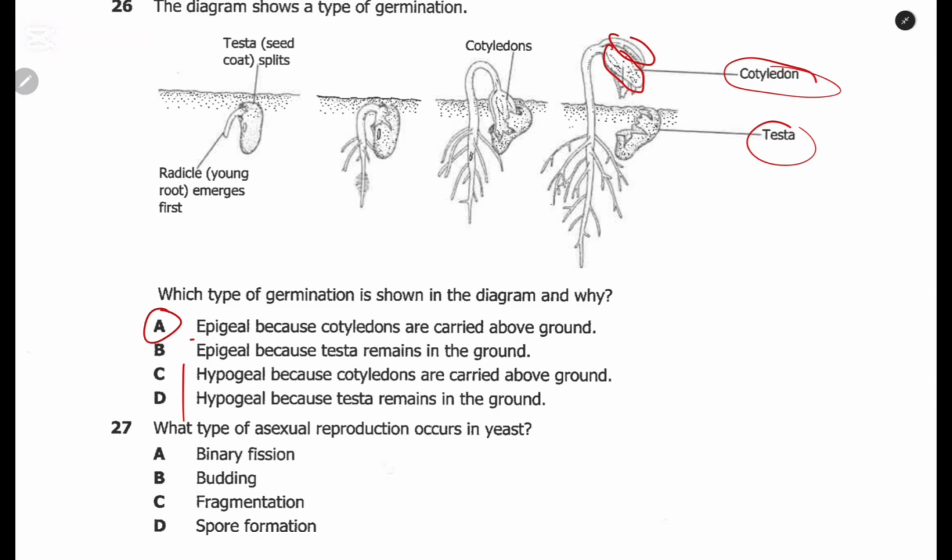Therefore, the answer is A. In hypogeal germination, on the other hand, the cotyledon remains underground, for example maize. Beans, groundnuts, and some other legumes germinate by epigeal germination. Cereals, maize, and all those are hypogeal.